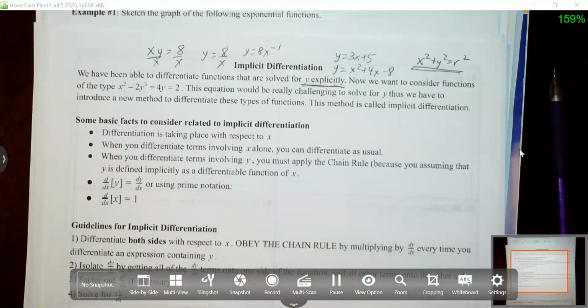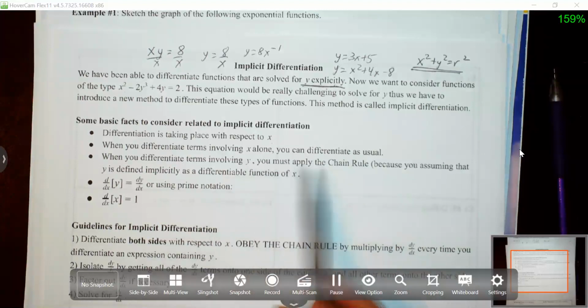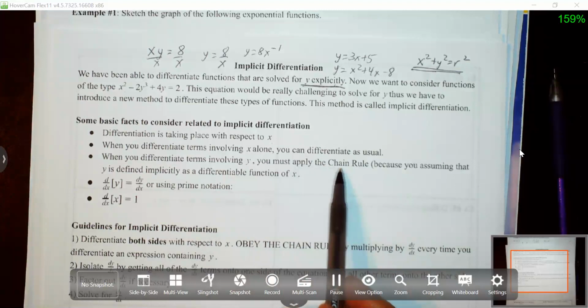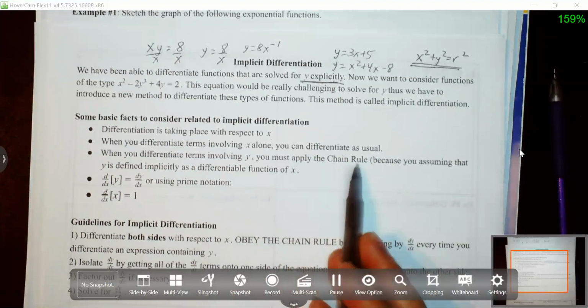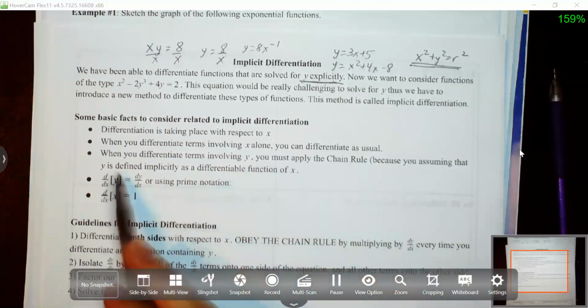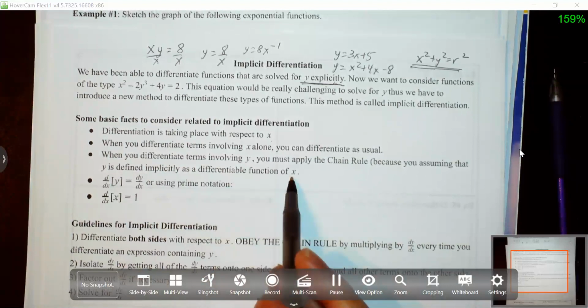There's no change there. However, if there are terms involving y, you have to apply the chain rule. So take the normal power rule or whatever, but then you have to apply the chain rule because y is defined as a differentiable function of x. And we'll talk about this a little more.